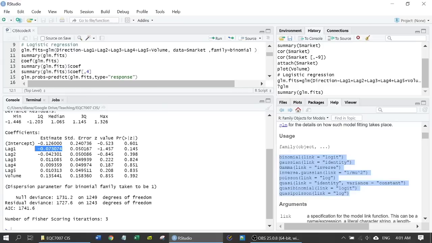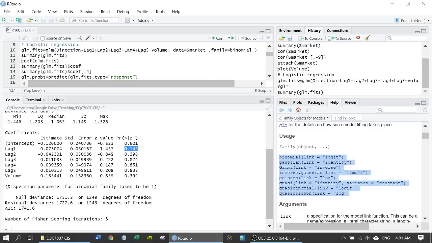I just pick one, which is the coefficient for Lag1. It is negative 0.07, which tells us that if yesterday's percentage return is positive, then today is going to be down, because the coefficient is negative. What it means is that if yesterday was doing well, then today we expect it to be bad. However, if you look at the p-value, it is not significant.